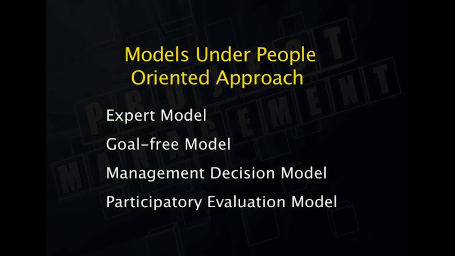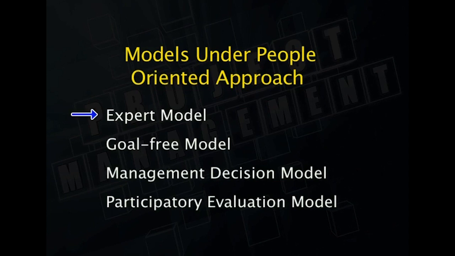Because of the nature of human subjects, the ethics of withholding educational services and the difficulty of controlling for external influences, it is extremely difficult and costly to operationalize this model. It is recommended that this model be used only when major changes are expected or when a major failure is anticipated in pilot efforts. Next, let us see the models under people oriented approach.